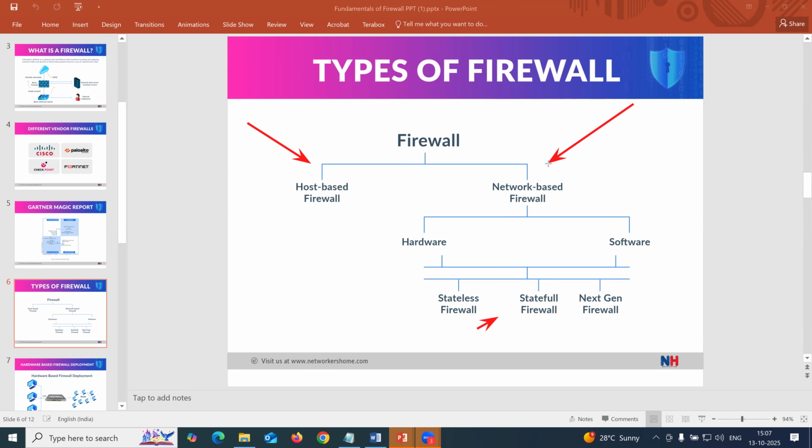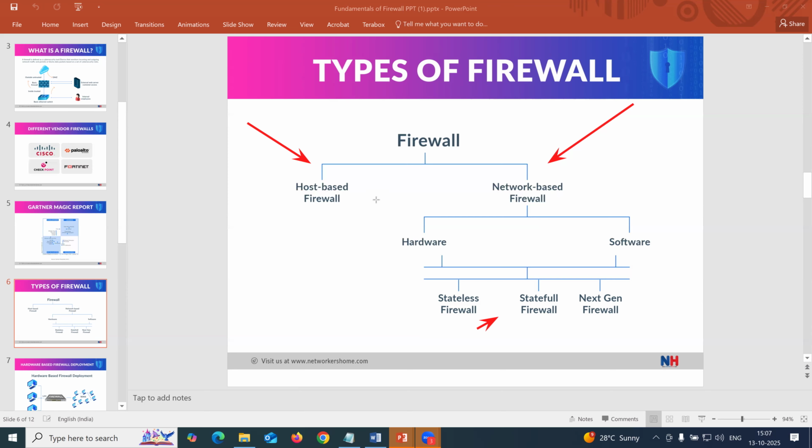From here, it starts. Host-based firewall means you all have endpoints, right? Endpoints in the sense you all have your laptops, PCs, and so on, with an operating system, or you install an application to protect your PC. That is called host-based. It protects only your specific PC, not the entire network.